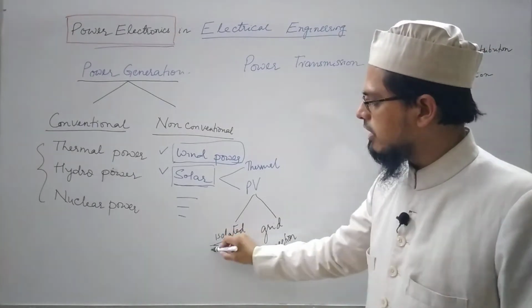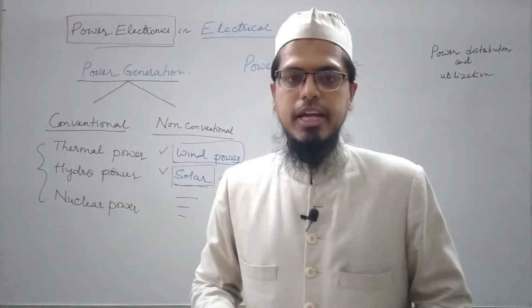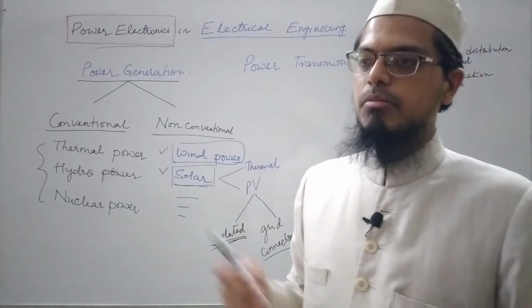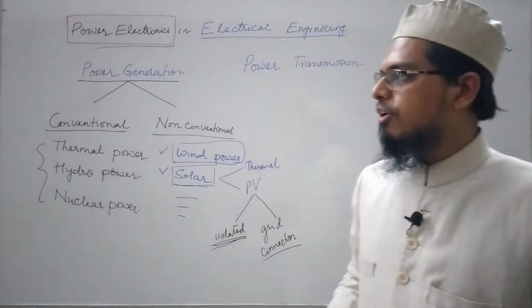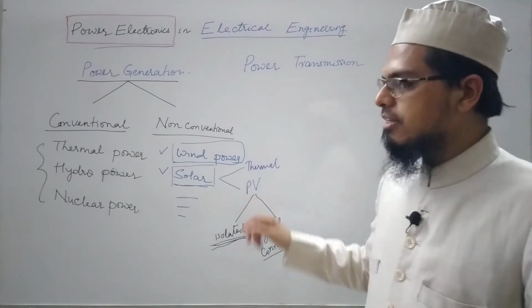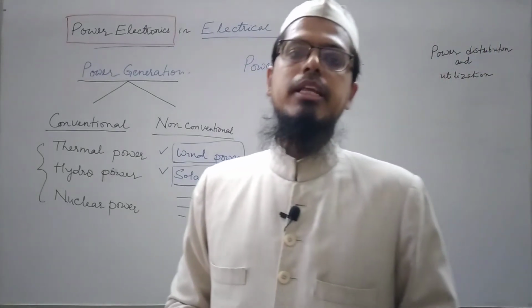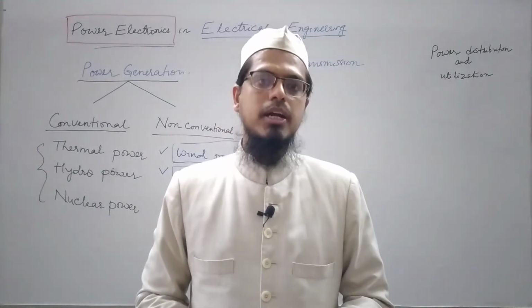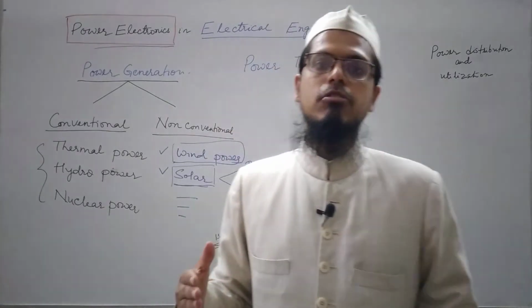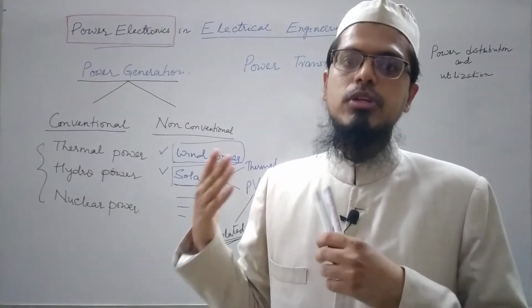The isolated way is also called non-grid connection, wherein the load is directly fed by the solar PV plant. In both cases, since the electricity generated by the solar PV plant is DC in nature, it has to be converted into AC to feed it to the grid.